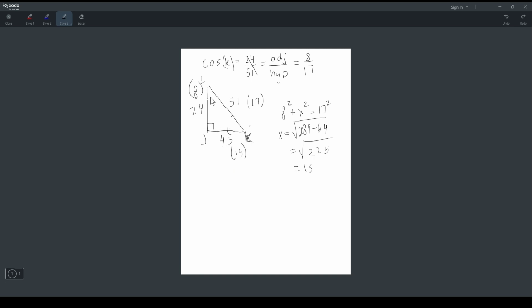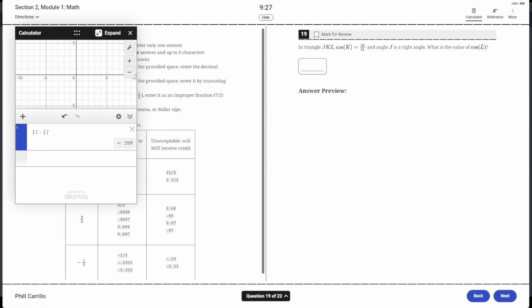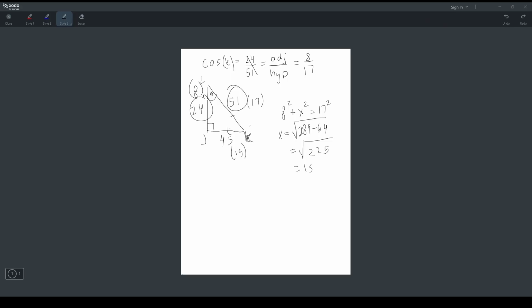What is cosine L? Okay, so cosine L right here. Oh my gosh, I just realized it's the same thing, just swap the angle. No, no, wait, I just realized.